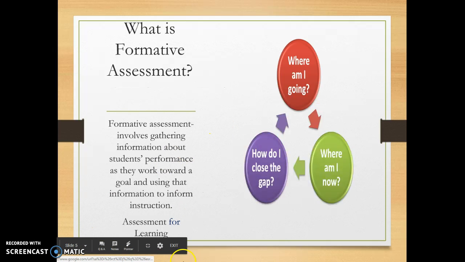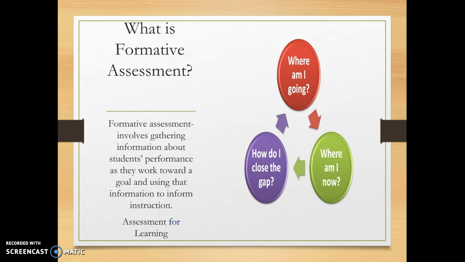The other type of assessment we're going to talk about is formative assessment. Formative assessment involves gathering information based on the student's performance. What the student's goal is, you're using information to reach that goal. This is known as assessment for learning.